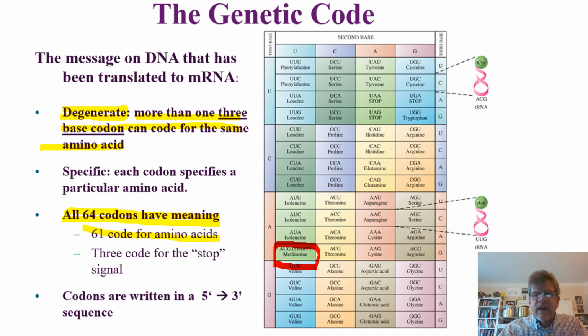Now, interestingly, look below AUG here, we see the amino acid methionine. It's uncertain why nature decided to do this, but the start codon for any protein built within the body also codes for that amino acid methionine.